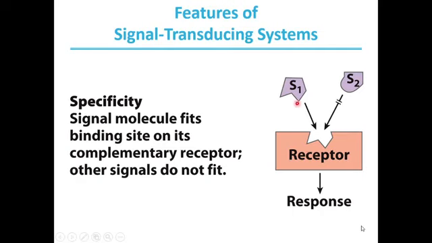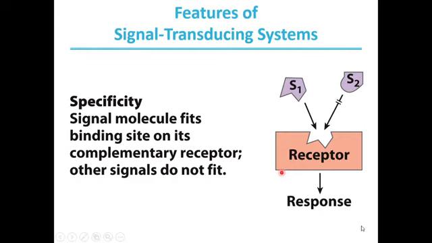This interaction between S1 and the receptor is mediated by the same kinds of non-covalent forces that mediate enzyme-substrate and antigen-antibody interactions. In eukaryotes or multicellular organisms, there is an additional level of specificity, because the receptors for a given signal, or the intracellular target of a given signal pathway, are only present in certain cell types.